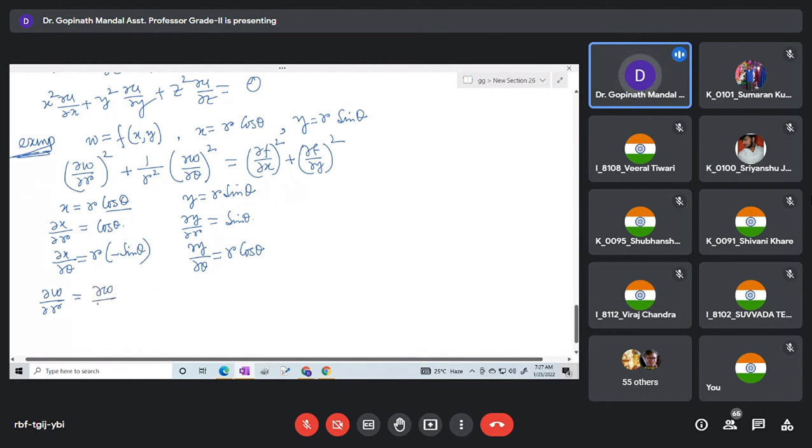So ∂w/∂x ∂x/∂r plus ∂w/∂y ∂y/∂r. Now w is a function f, so ∂f/∂x into ∂x/∂r, cos θ, plus ∂f/∂y into sin θ.